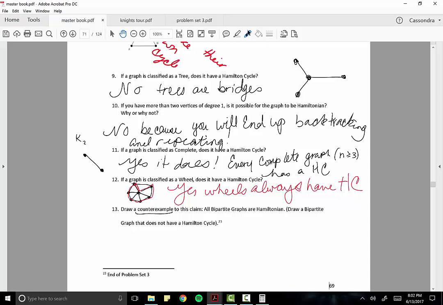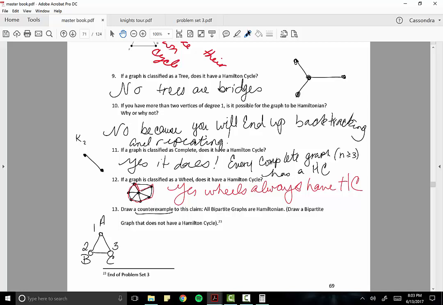Here's a bipartite graph. A bipartite graph is a kind of graph where I can split the vertices into two groups. If vertex A is in group 1, neither vertex B nor vertex C can be in group 1. So vertex B will be in group 2. Vertex C is in group 3.